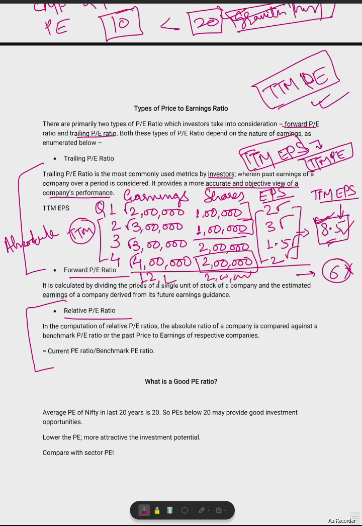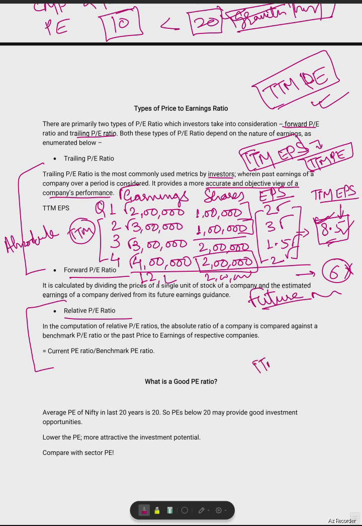Now the forward PE ratio is calculated the same way, but instead of the past earnings, it takes into account the future performance. Say the growth is taken into account. Through EPS you calculate PE.